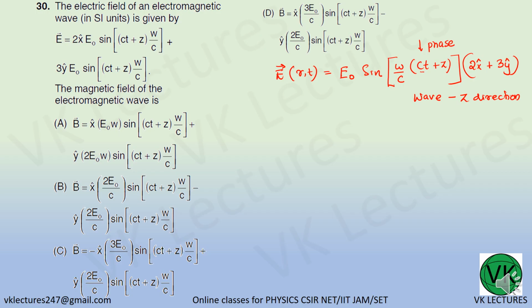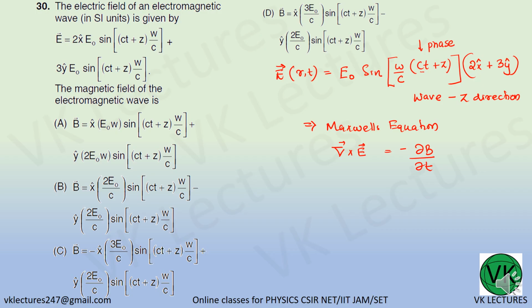Now how do we calculate B? We know Maxwell's equation for a plane wave in vacuum. We can write del cross E equal to minus dou B by dou t. Now what is del?